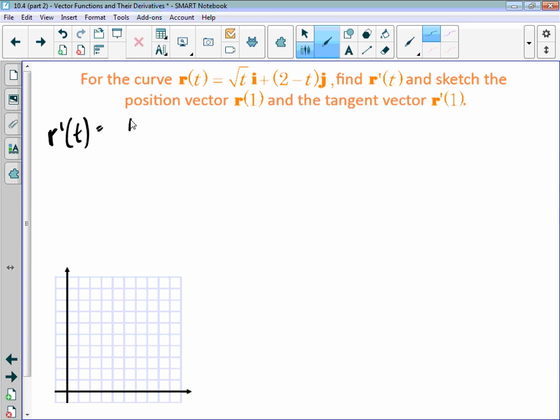So r prime of t, you're just taking the derivative. Did you guys get 1 over 2 square root of t for the i portion? And then 1 minus, I should say, 1 for the j portion. And then you want to find what r of 1 is and what r prime of 1 is. Let's do the r prime because we just did that piece. If we plug 1 into that, what would we get?